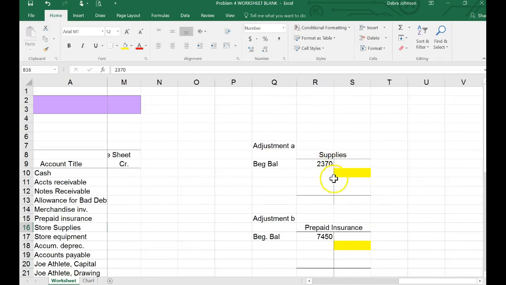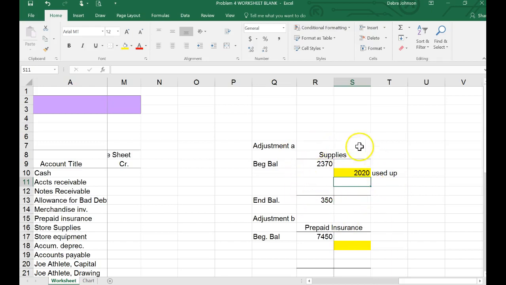If the balance in supplies is $2,370, that comes from your trial balance, and the amount should be $350 sitting in the ending balance, that means they probably took account and found out that the amount of supplies in the closet was costed at $350, then what you're interested in is the amount used up. So if you take your calculator or your Excel spreadsheet, you would take the $2,370 that's in there now, subtract out the $350 that should be in there, and the amount used up is $2,020.